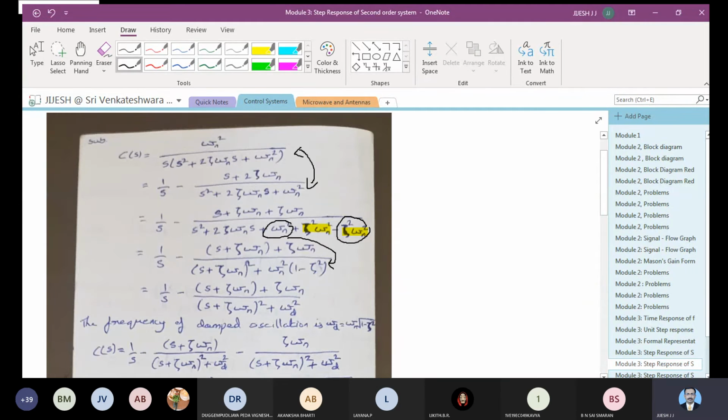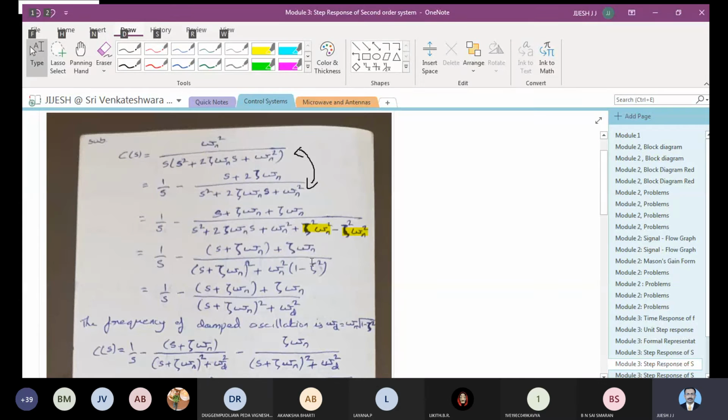This is what you know better. These things you have done plenty of times, so it's not new for you to rewrite in this form. You know s square plus 2 zeta omega n s plus zeta square omega n square can be written as s plus zeta omega n whole square. So that you got it.